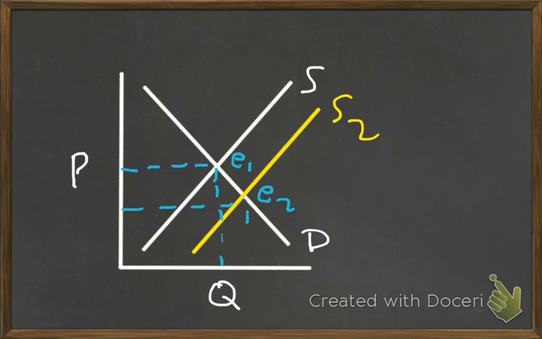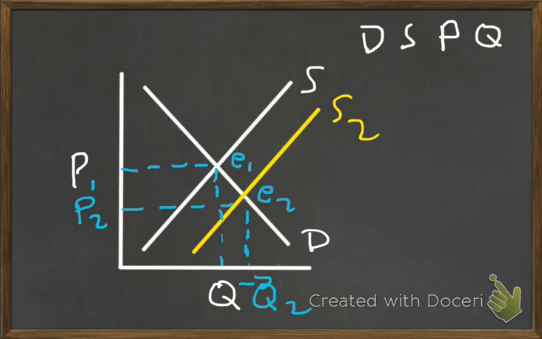We can quickly see the difference between the two. My quantity supplied to the market is going to increase to the right, whereas my price for the product decreases.